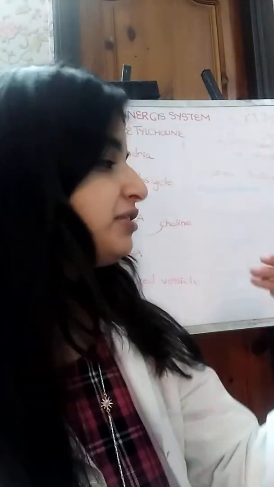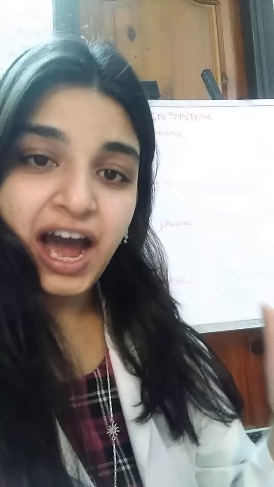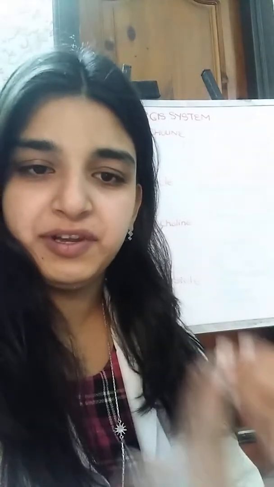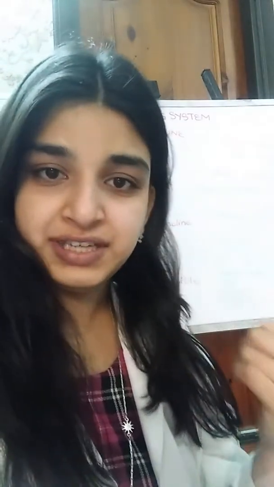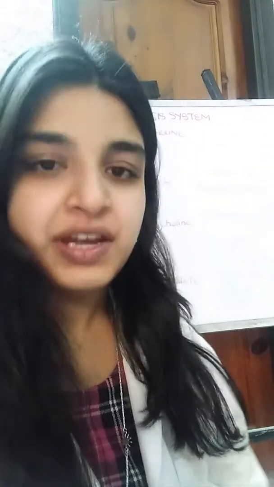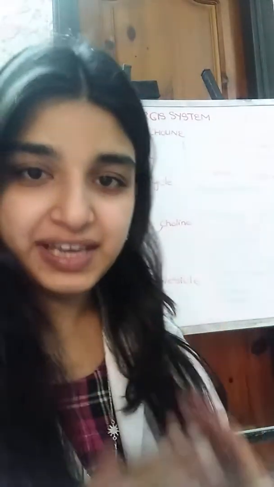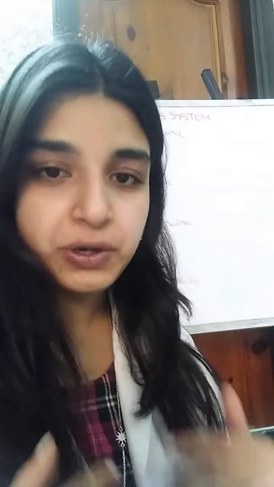First, we're going to study how that acetylcholine is formed, how it goes and binds to the cholinergic receptors and performs its effect. This whole pathway of the formation of acetylcholine followed by its effect is called the mechanism of action. So now we're going to study the mechanism of action of the cholinergic system, or the formation of acetylcholine.